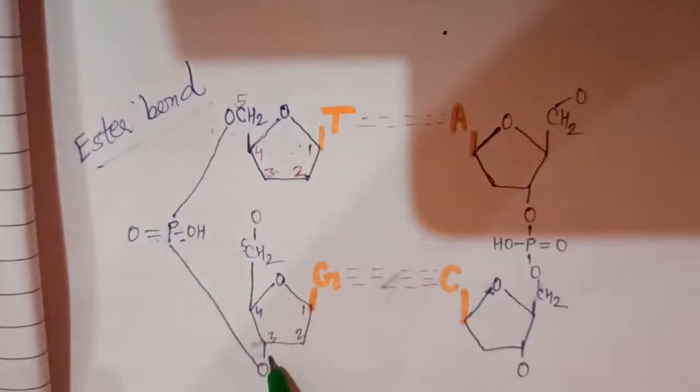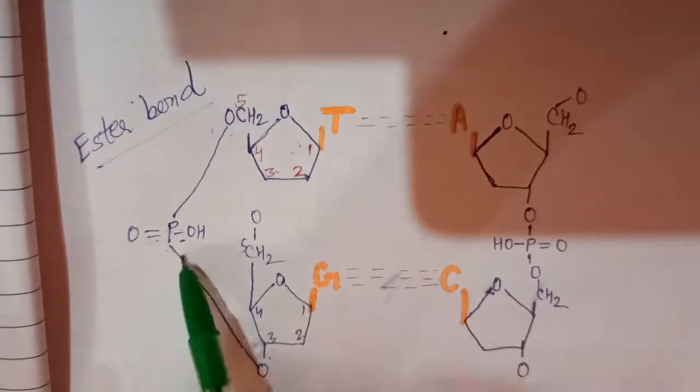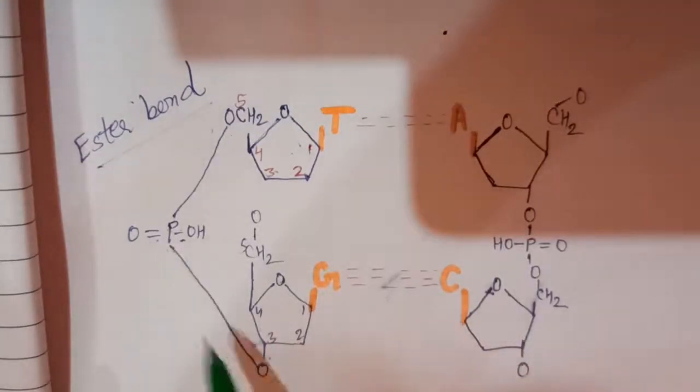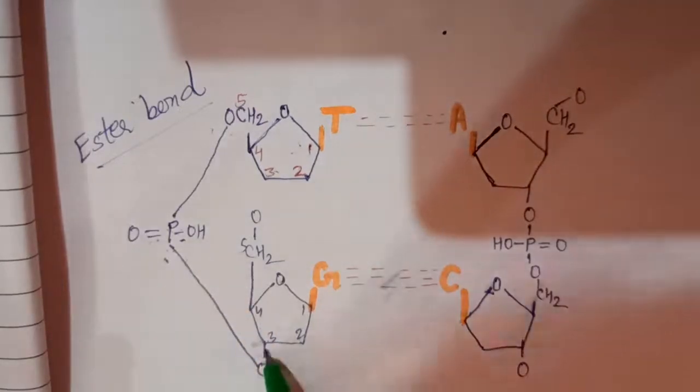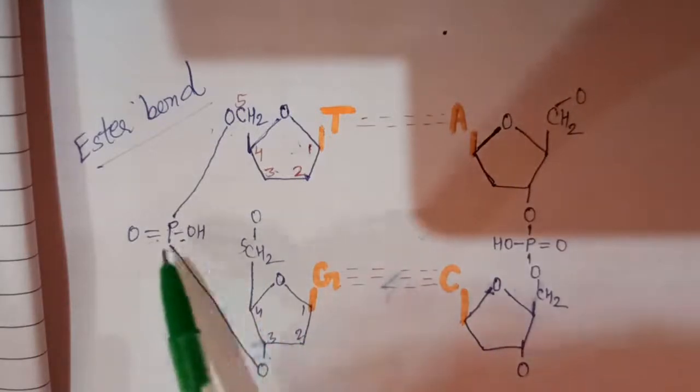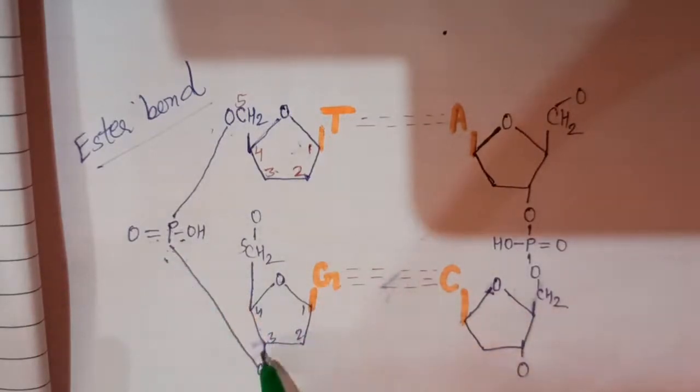Now here in the second polynucleotide chain, you can see this is the 3rd carbon position. Okay, and this phosphate is attached here on this carbon. So we can say that in a nucleic acid, a phosphate moiety links the 3rd carbon of one sugar, like this is one sugar, and this phosphate moiety is attached here with the 3rd carbon of this sugar.